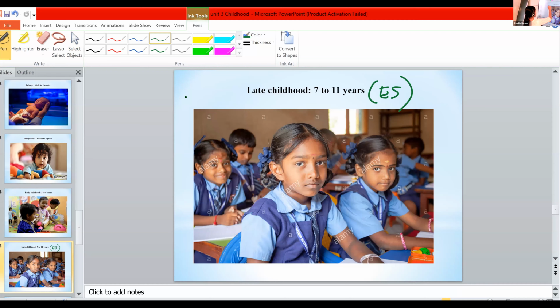They make friends. During this stage, they start to make friends. And their vocabulary also increases. They learn to write, to read, to make friends, how to behave in society, and how to behave in school. Is it clear?